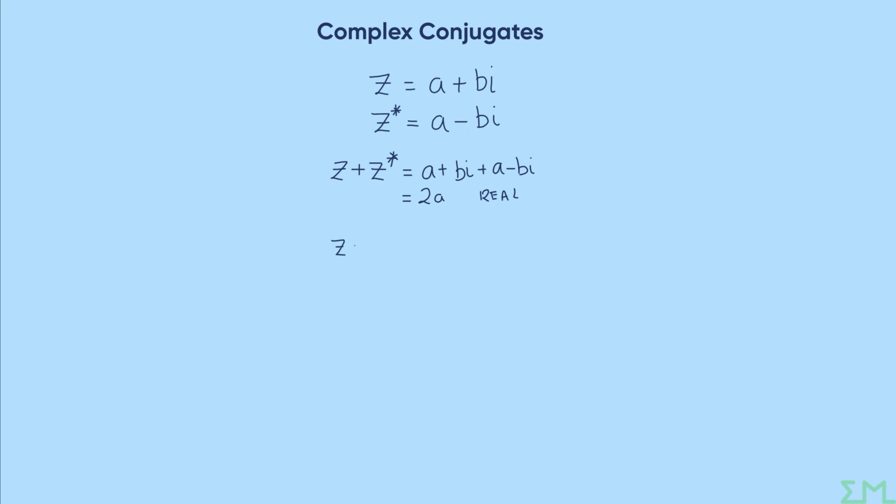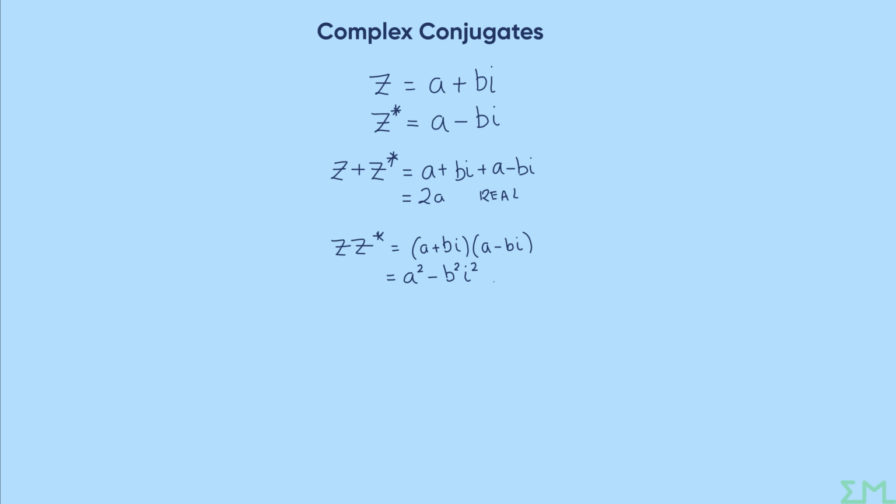And what happens when we multiply them? This is where that difference of two squares idea is going to come in. So write these brackets down first. We take our complex number, we take our conjugate, and let's expand. We are going to get A squared, and if we apply difference of two squares straight to it, rather than worrying about multiplying out every single term, that's going to be A squared minus B squared i squared.